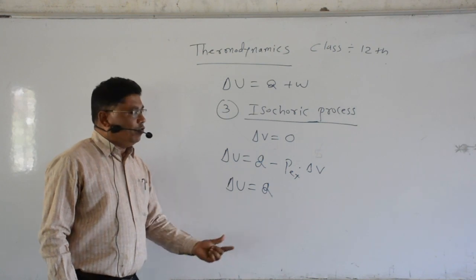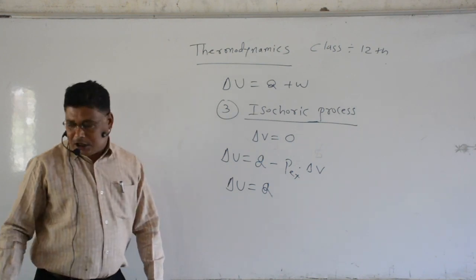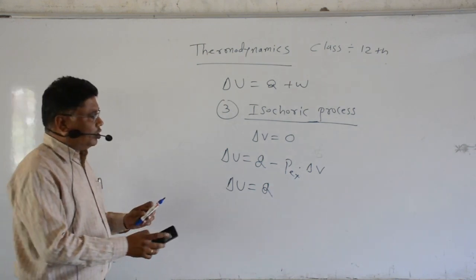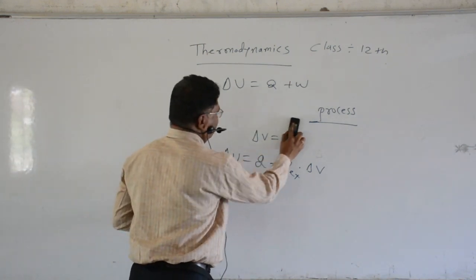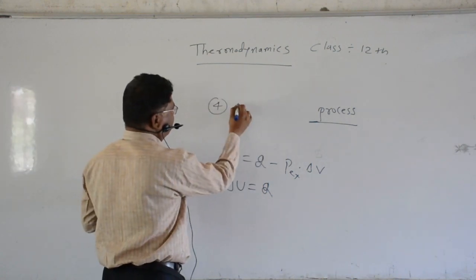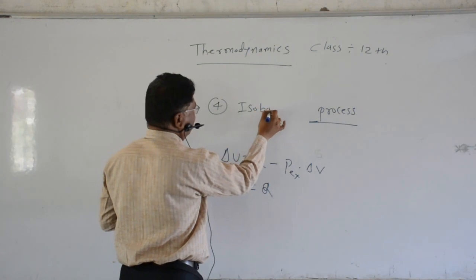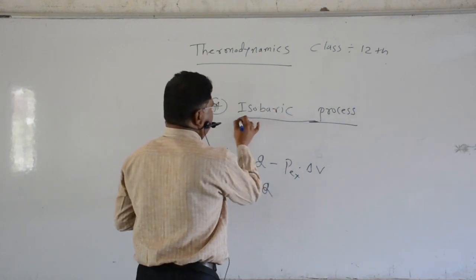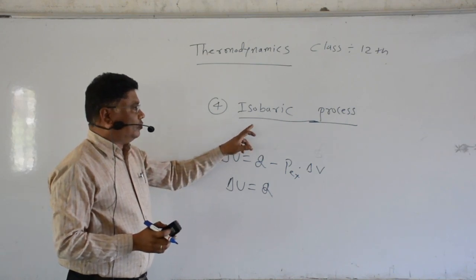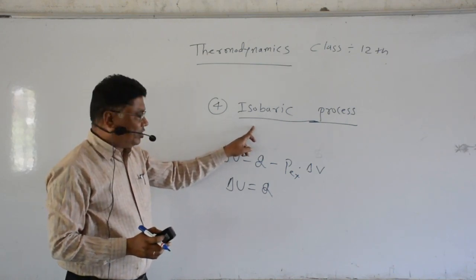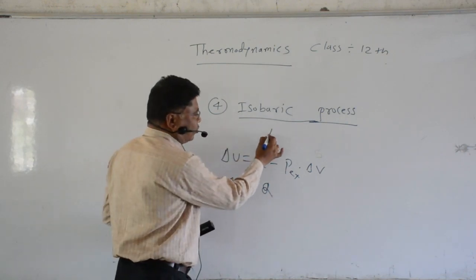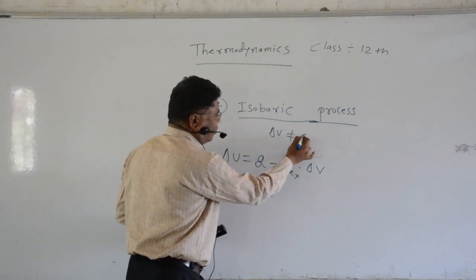Now, fourth process, that is isobaric process. What is called an isobaric process? The process in which the pressure of the system remains constant. But in isobaric process, delta V is not equal to 0.